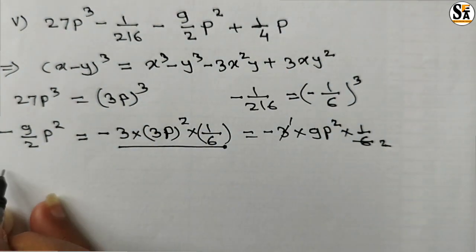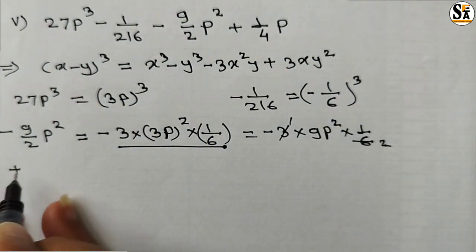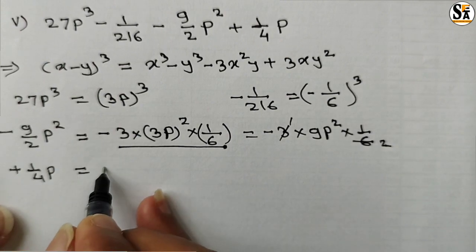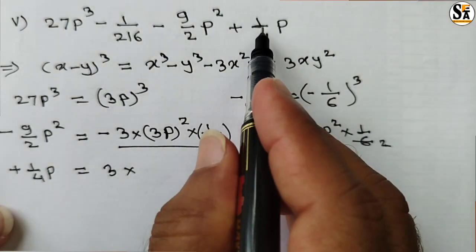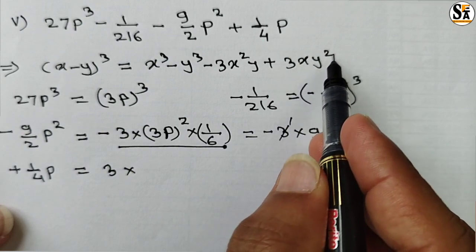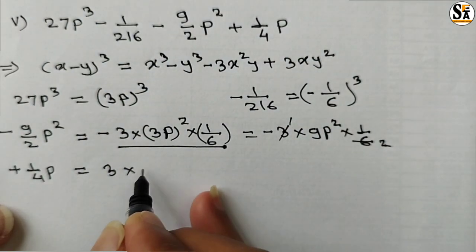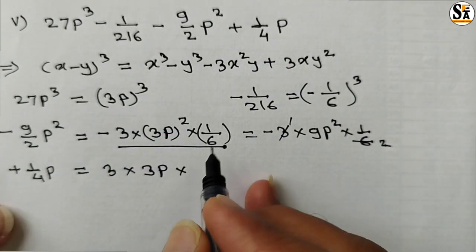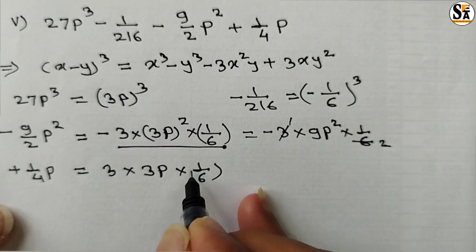Similarly, this last term, plus 1 upon 4 p, now we can write like this. We require this term like this, 3xy square. So 3 into 3p, that is first term 3p, into (1 upon 6) square.